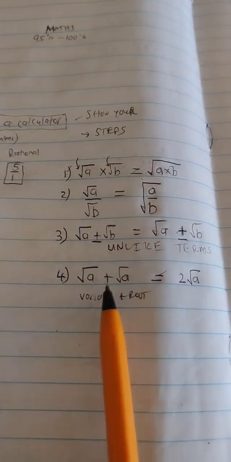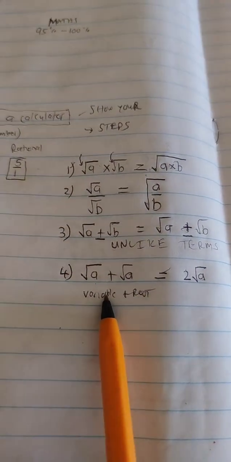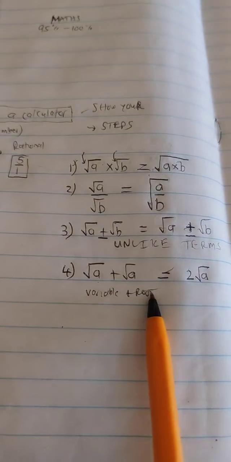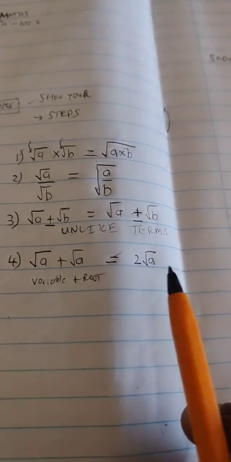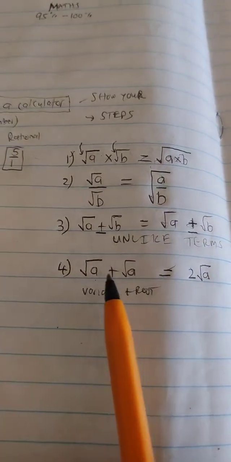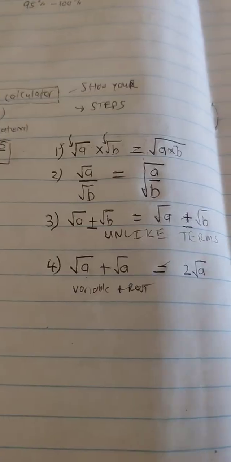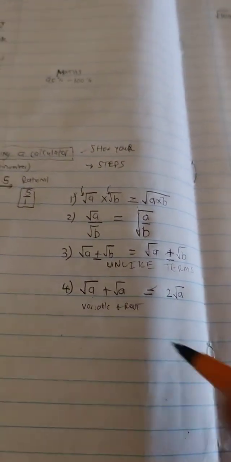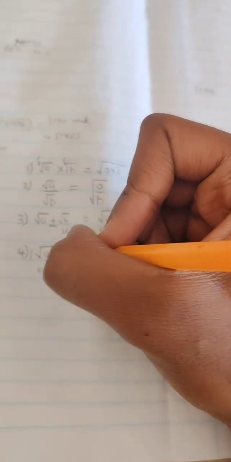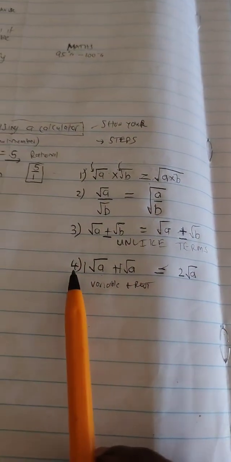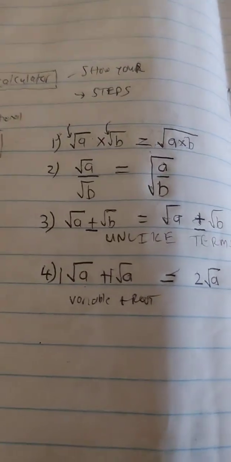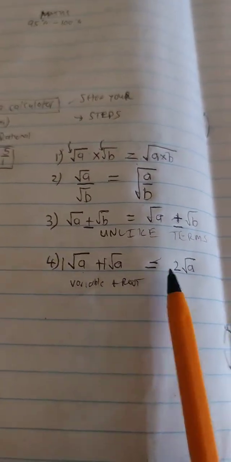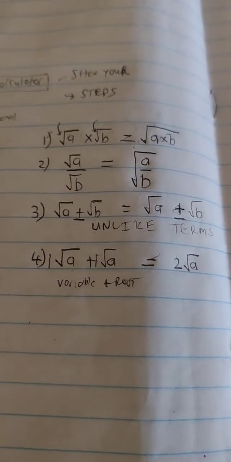So the variable, guys, and the root together must be the same in order for it to qualify as a like term. Okay. Then what do we do? We keep the variable with the root. Then we add the what? The coefficient. Who is here? It's 1. Who is there? It is 1. We add the coefficients. We keep the variable and the root that way. So the answer is 2 root a.